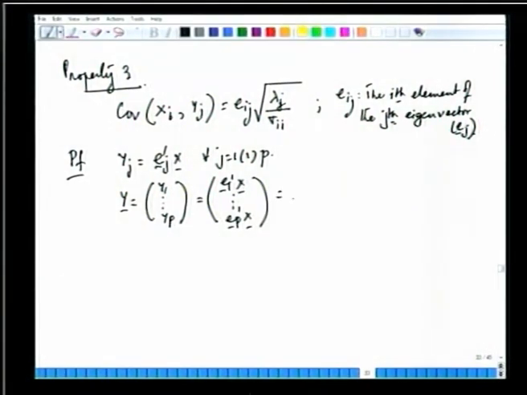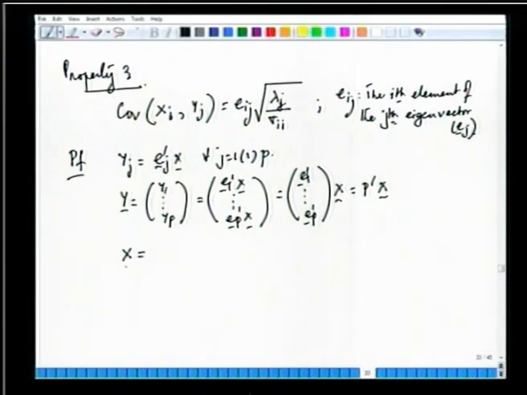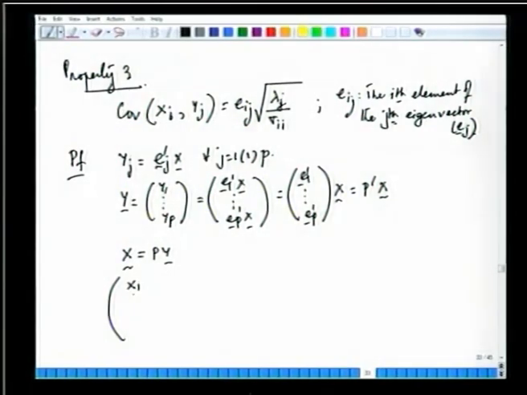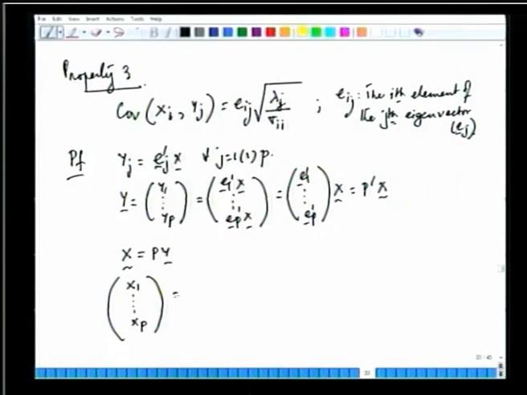So this is nothing but E1 transpose to Ep transpose combined with x, and this is P transpose x. So I have y is P transpose x, and P being orthogonal, I have x equal to Py. And then x is just like y, it is also p dimensional. I have x1, x2 to xp, and I simply have the P matrix here.